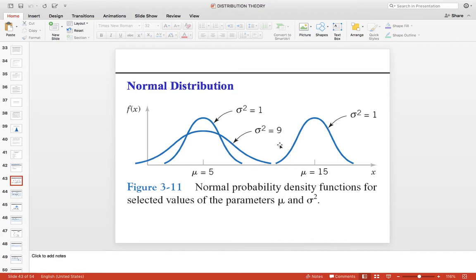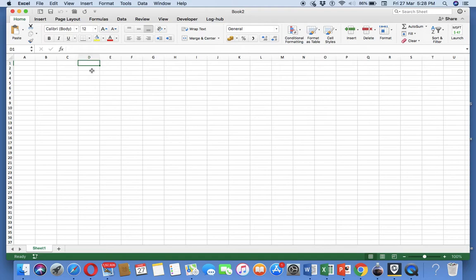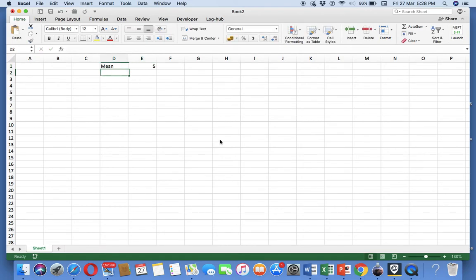So I'll write down the mean over there. Mean is 5. You can take any value; nothing hard and fast about it. You can use any value you like. So you take a mean of 5 and a standard deviation of 2.